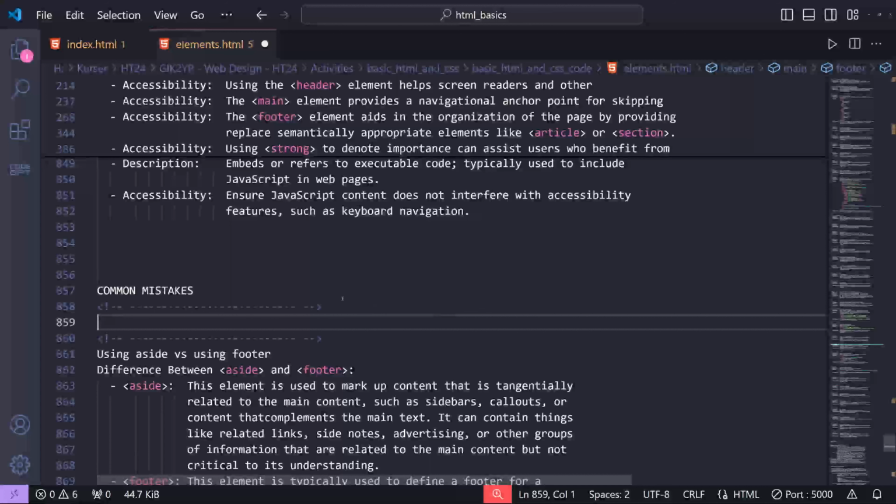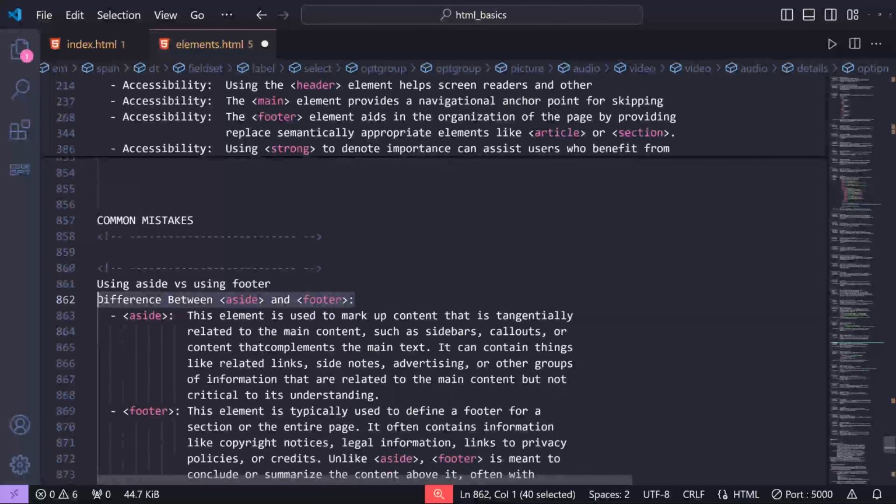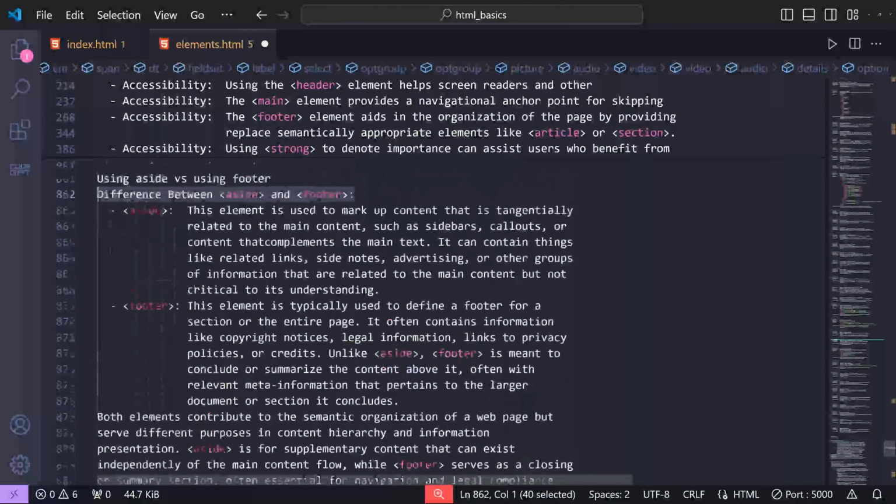Because you will encounter problems in this course defining whether you use aside or footer. And since I know that you will encounter this, and I've talked to students a lot about this during the past years, I want to discuss this.